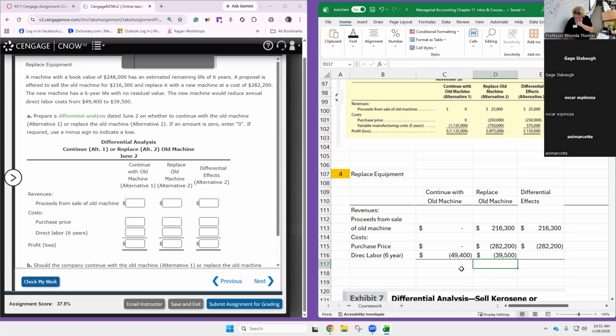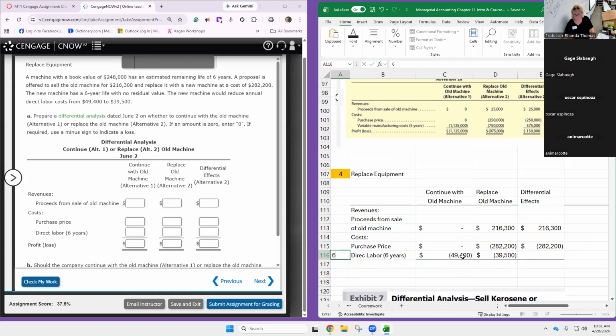Now, just a second. So that is 296,400. And the thing we forget is this is going to be for 6 years. So we really need to take both of these numbers times 6. That's why it's got the 6 years there beside. So I'm going to put 6 over here.